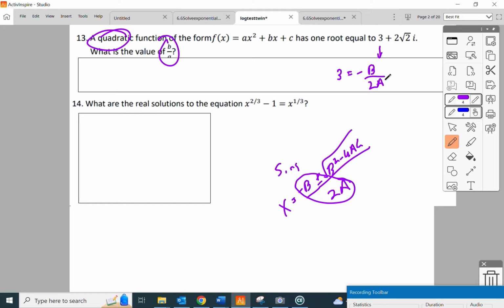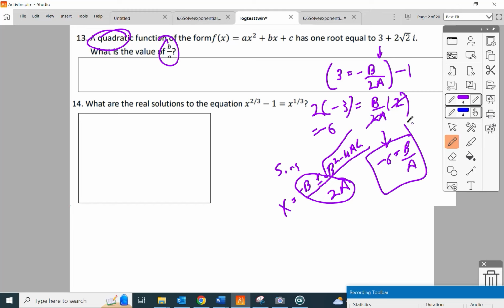So let's make this look like b over 2a. We're going to multiply the negativity out. That'll give me -3 equals b over 2a. And then we're going to multiply the 2 out. -6 equals b over a. Easy peasy, Japanesey.